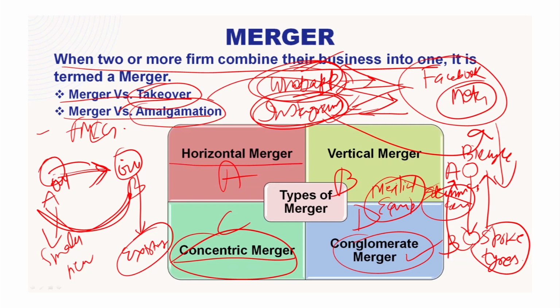It is a type of horizontal merger. Company A was facing too many difficulties in terms of the stiff competition from company B. The sales were declining, they were not able to pay dividends to their shareholders, and they were almost becoming insolvent, and they were under the sick category.